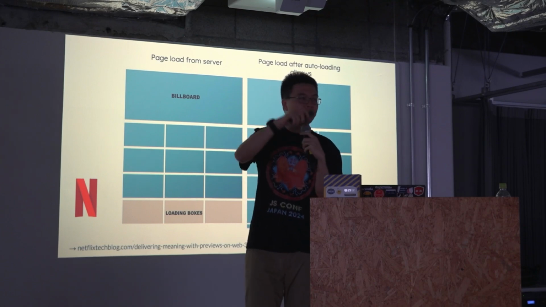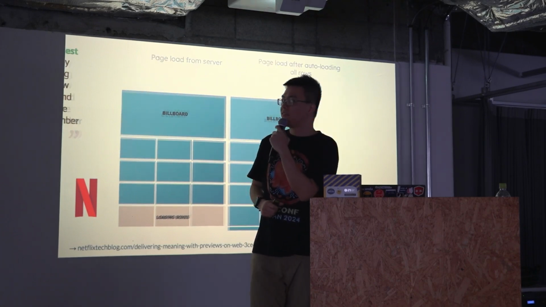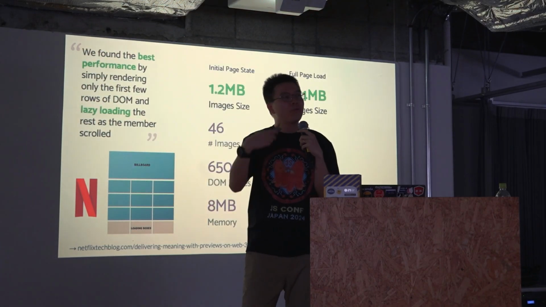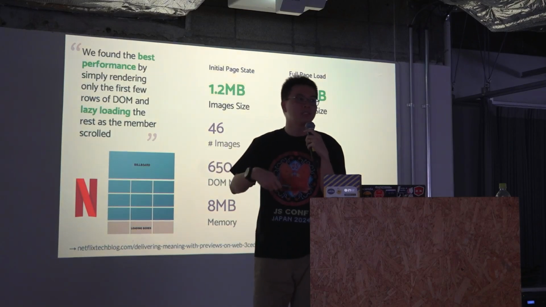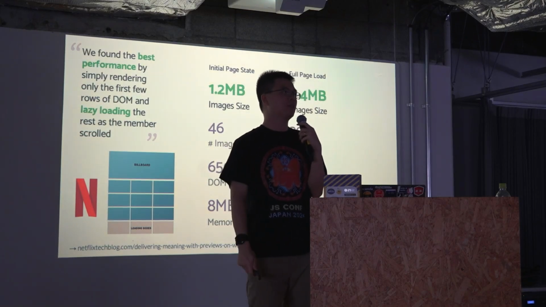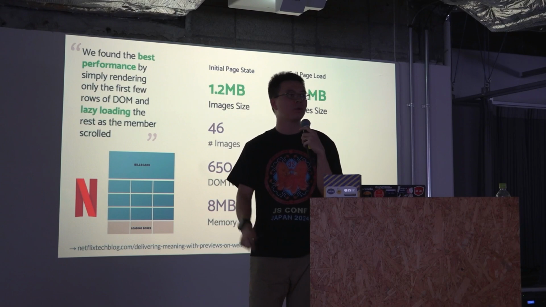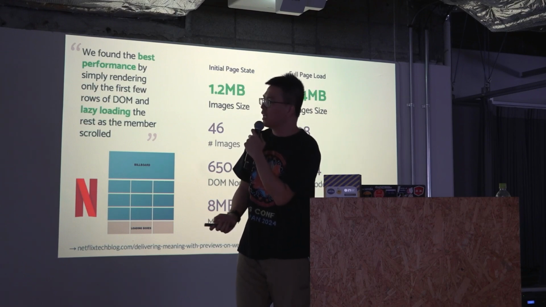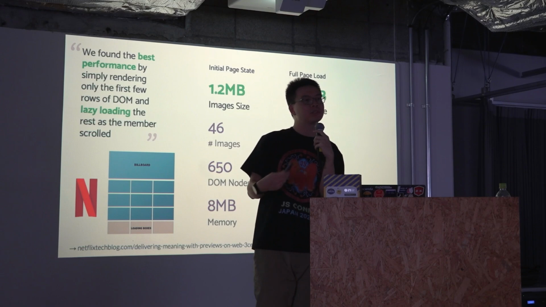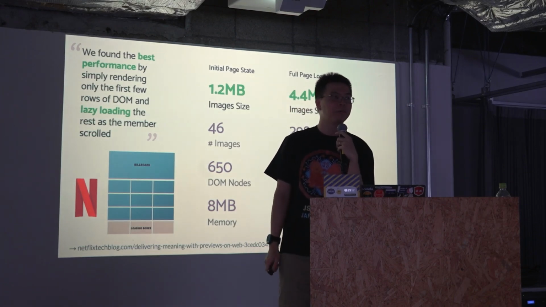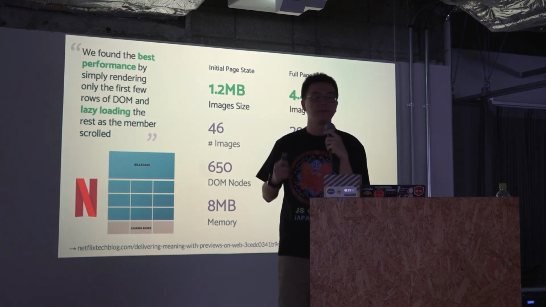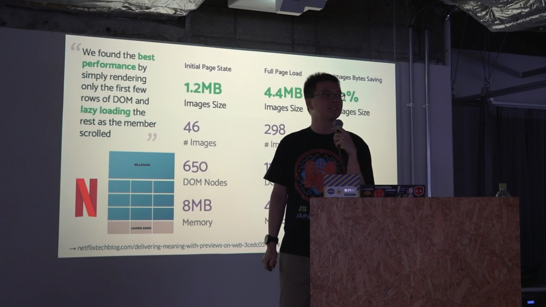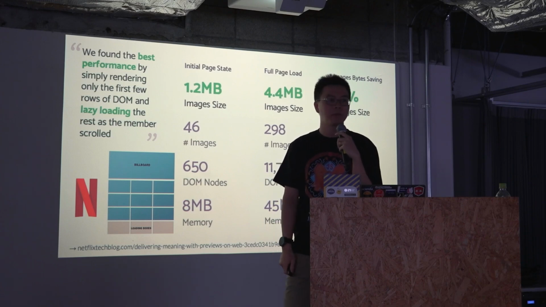But after they do a lot of testing, they found actually we don't really need this full payload at all. You just keep the initial page, and if the user is hovering, then it's loaded for them. So what Netflix found is that is the best performance approach that they found when using this kind of complicated UI. And it saved them like 70% of the image size, which is a lot.